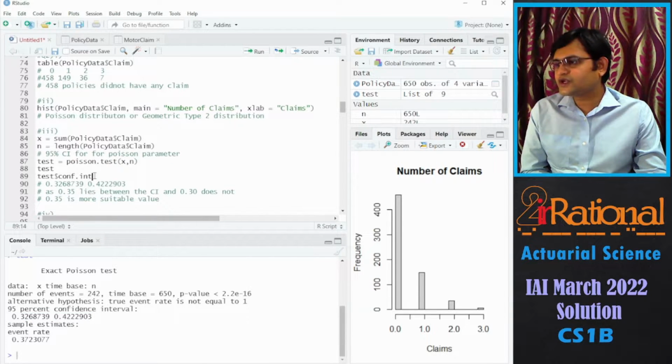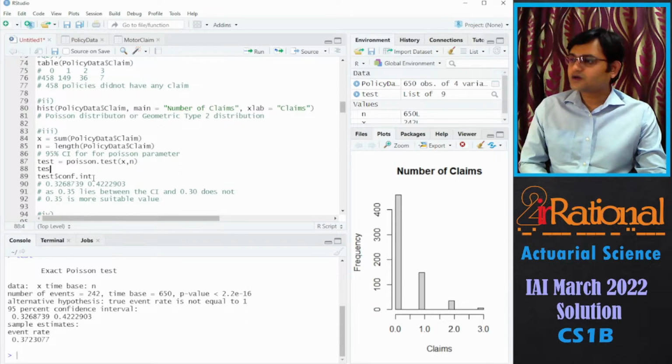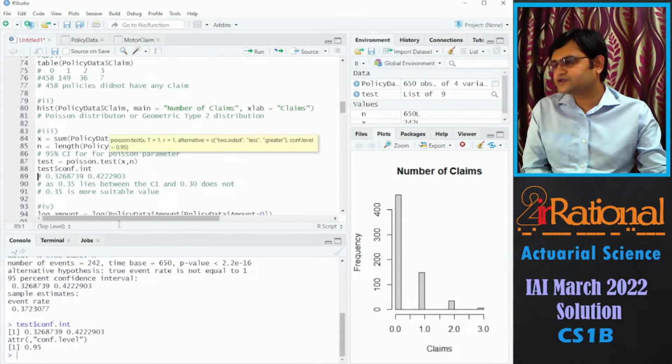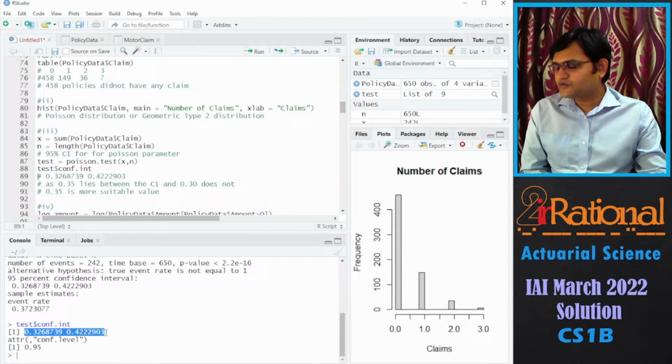So we can use test$conf.int to get our confidence interval. You can see the confidence interval is starting from 0.32 going till 0.42. As 0.35 lies between the confidence interval and 0.3 does not, 0.35 is more suitable value.